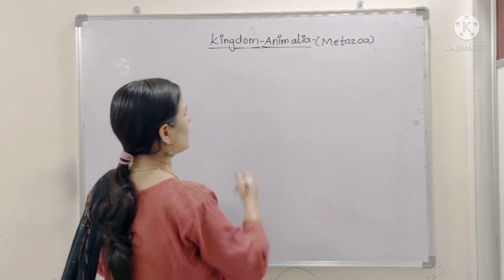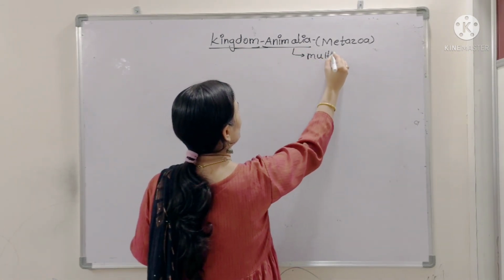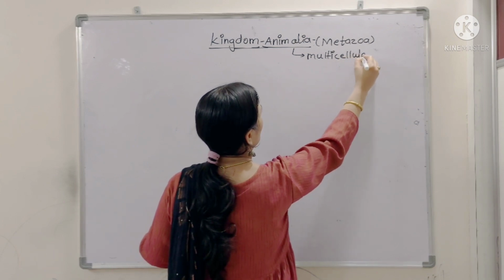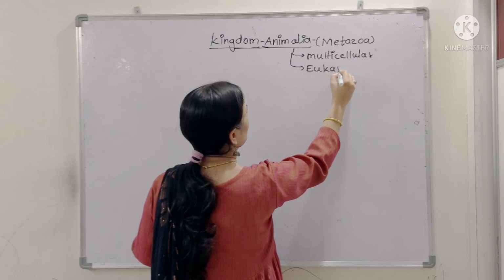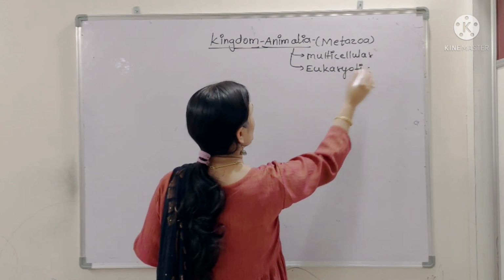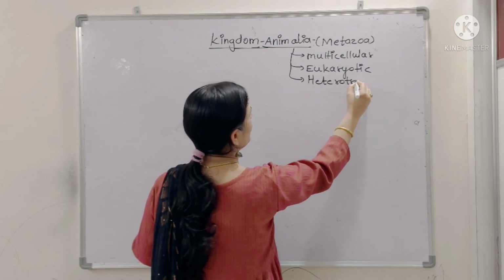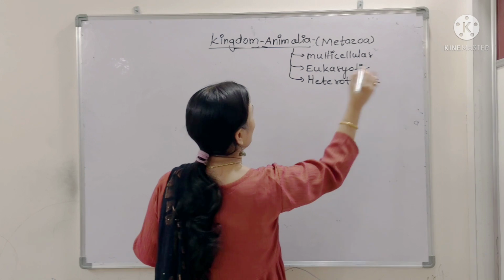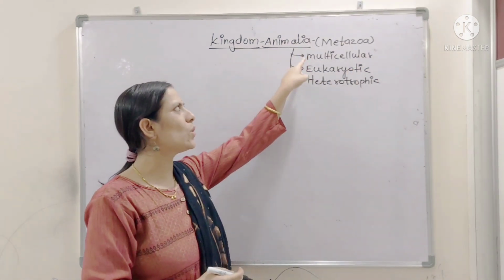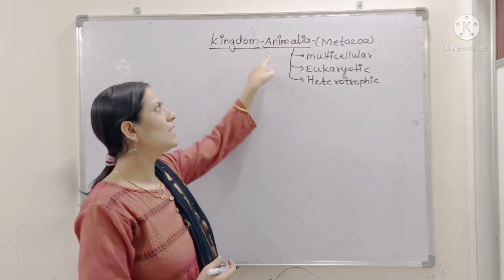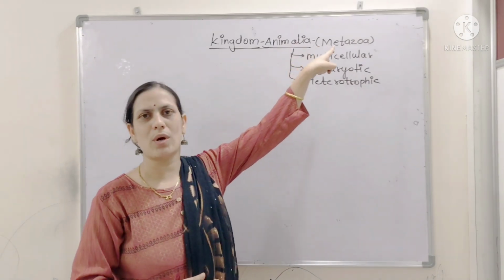Those criteria are: a living entity which is multicellular, which is eukaryotic, and which is heterotrophic in nature. Living entities fulfilling these 3 major criteria come in the kingdom Animalia. You could call them metazoa also.